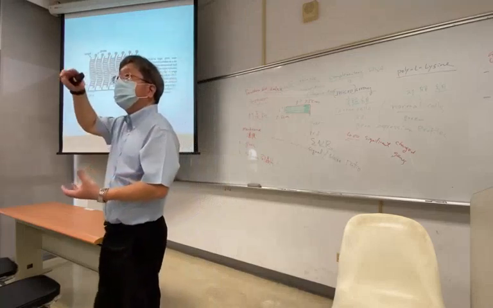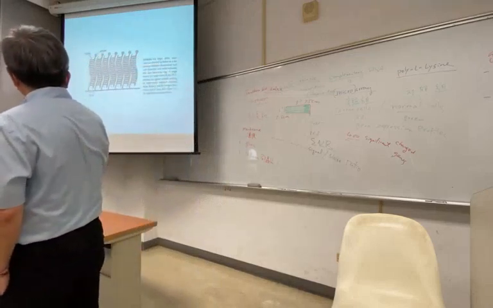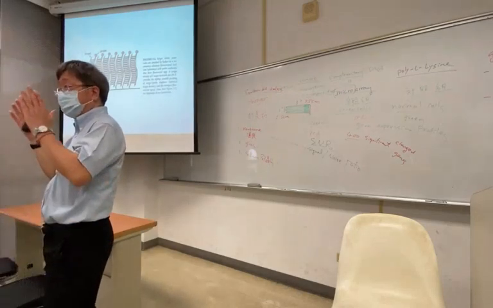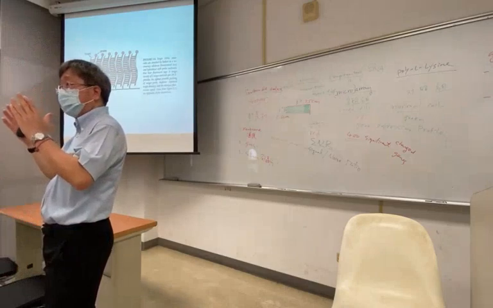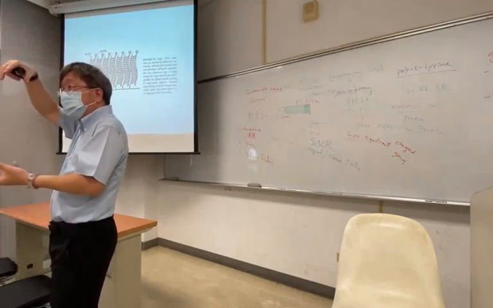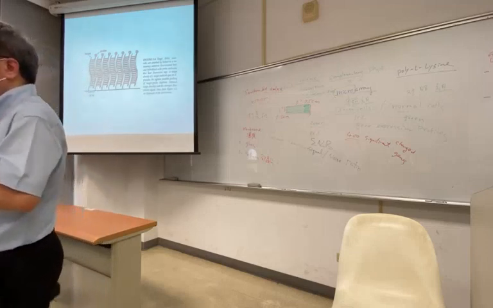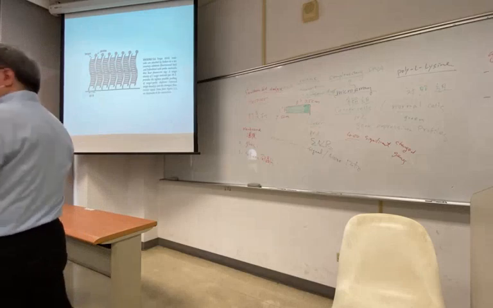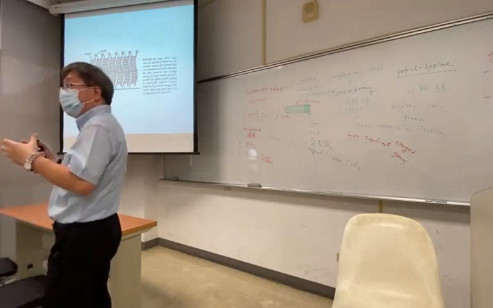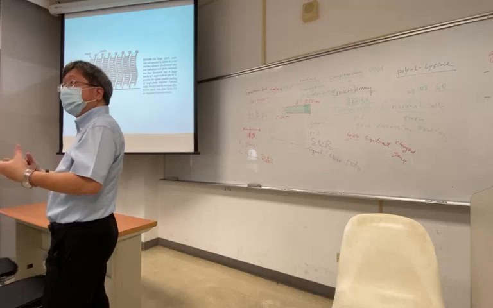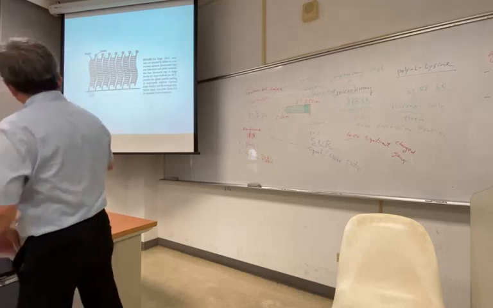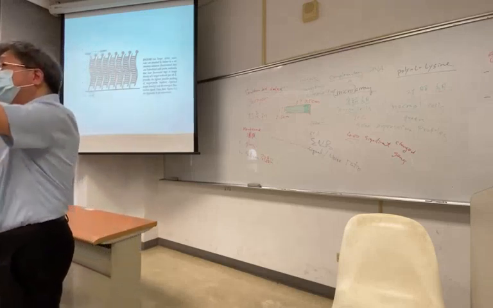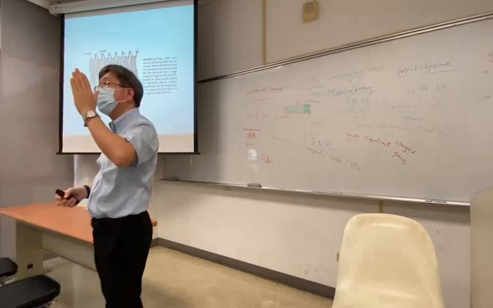The DNA double helix structure is about 20 angstrom in width, right? So when you print the array, you can't print too densely. If it is too dense, you need to give it enough space to do the hybridization. Remember, we print one DNA onto the glass slide, right?